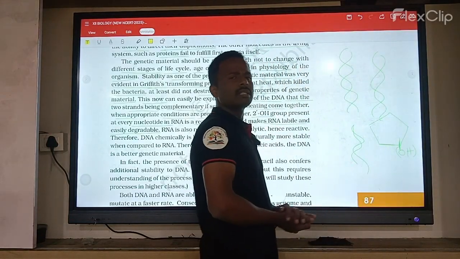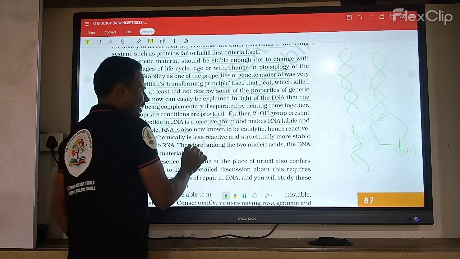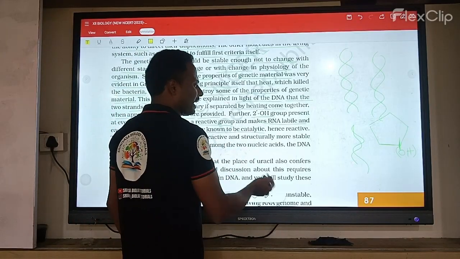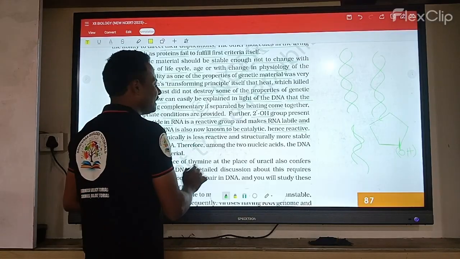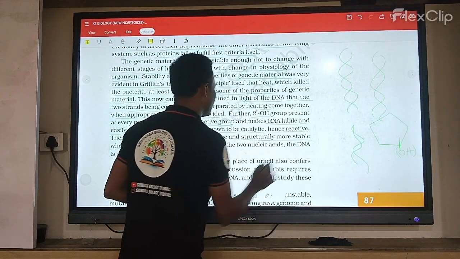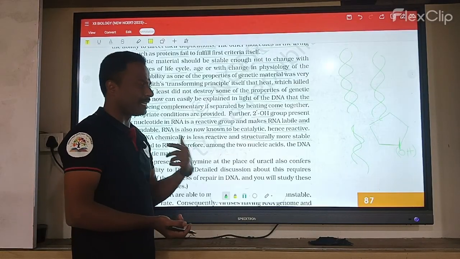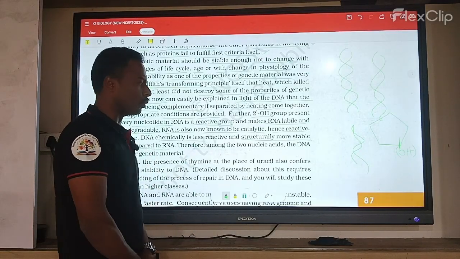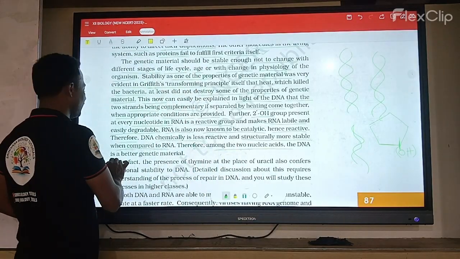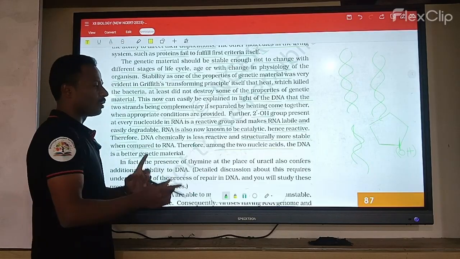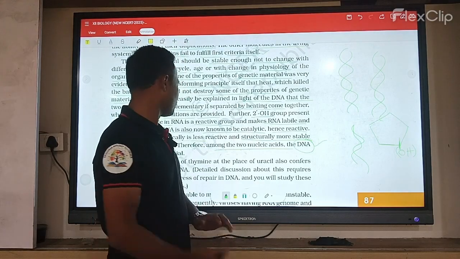It is easily degradable. Now RNA also acts as a catalyst, hence it is reactive. Therefore, DNA is chemically less reactive and structurally more stable when compared to RNA. So when you compare, DNA is more stable. Therefore, among the two nucleic acids, DNA is the better genetic material. So when you compare, DNA acts as what? A good genetic material.